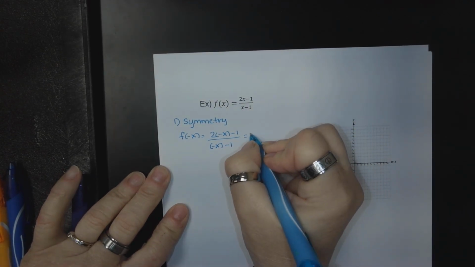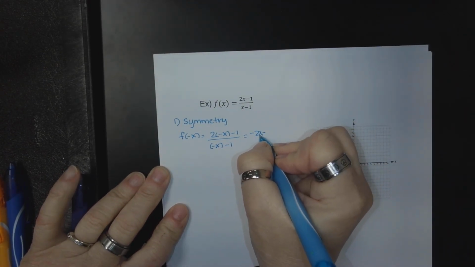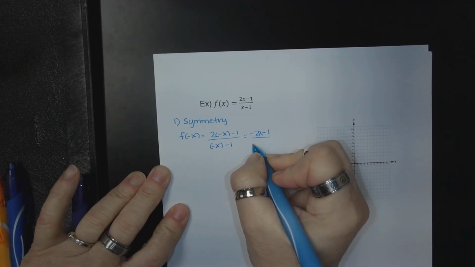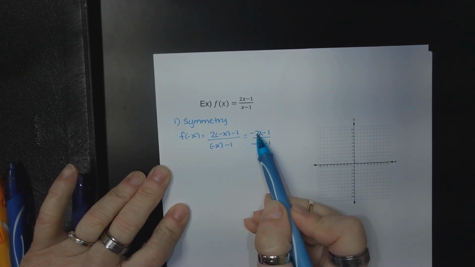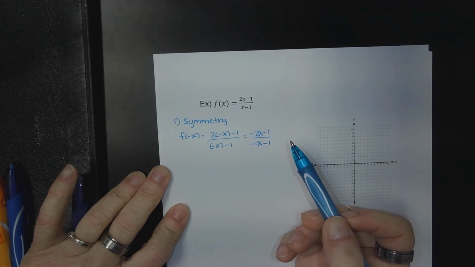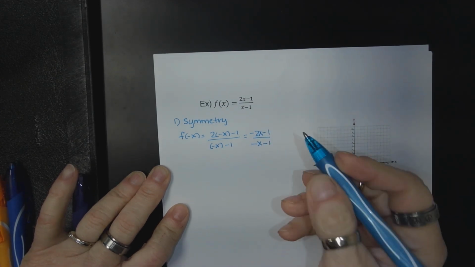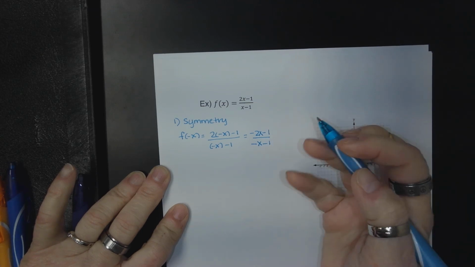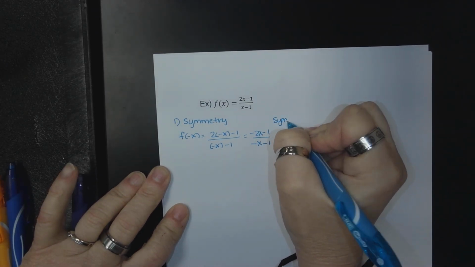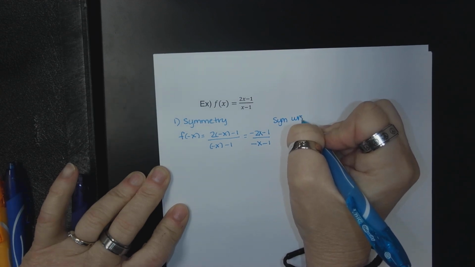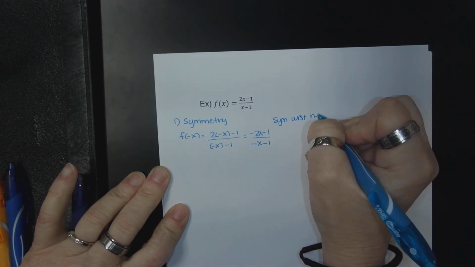So 2 times negative x gives us negative 2x minus 1 over negative x minus 1. So this one changed, this one did not, right? This one changed, this one did not. So some changed, but not all changed. So that means that it's symmetric with respect to, that's what this means, with respect to neither.